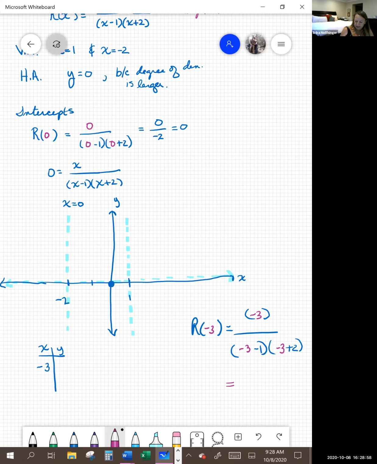Reducing, we get -3 in the numerator all over -4 times -1, or 3/4. So for x equals -3, we get -3/4.